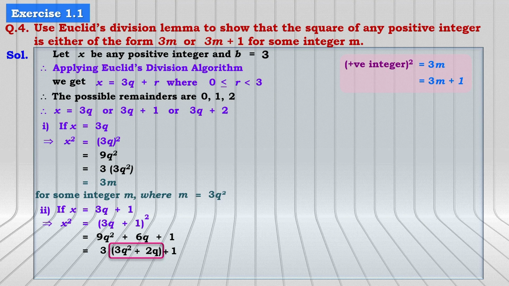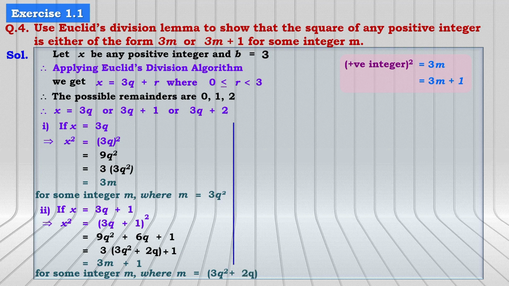So now we will consider that 3q square plus 2q as m. Then it will be in the form of 3m plus 1, for some integer m, where m is equal to 3q square plus 2q.